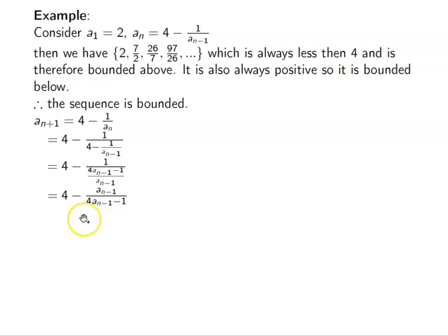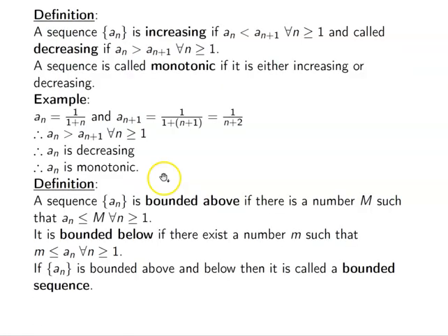Okay. So instead of trying to see what this is equal to, I know that this is larger than if I were to take away this minus 1. Okay. So 4 minus a n minus 1 over 4 a n minus 1. I could cancel this, but then I'm going to have 4 minus 1/4. And that has nothing to do with a n minus 1 because I'm trying to compare a n plus 1 with a n, right?